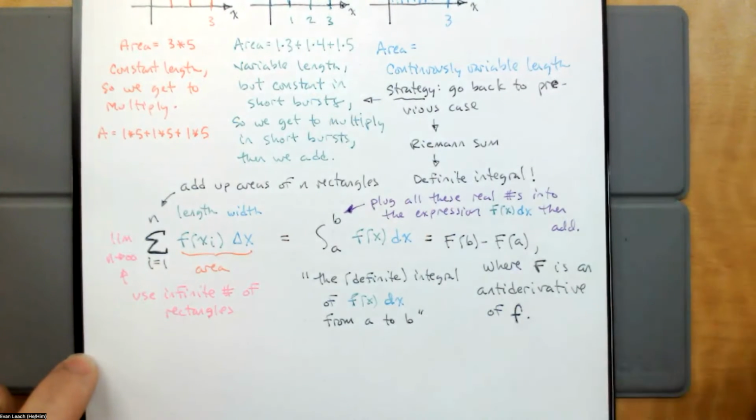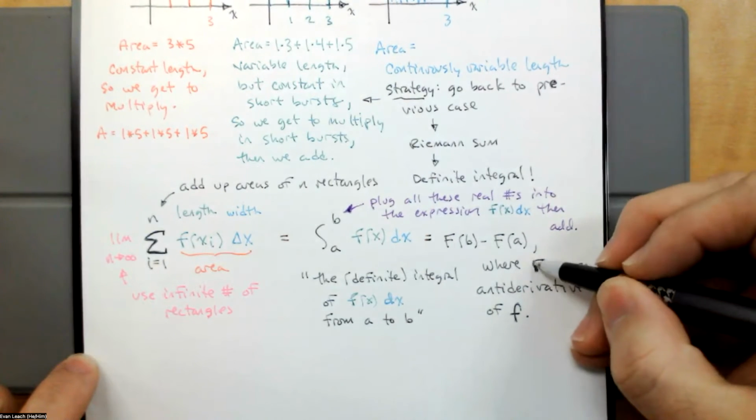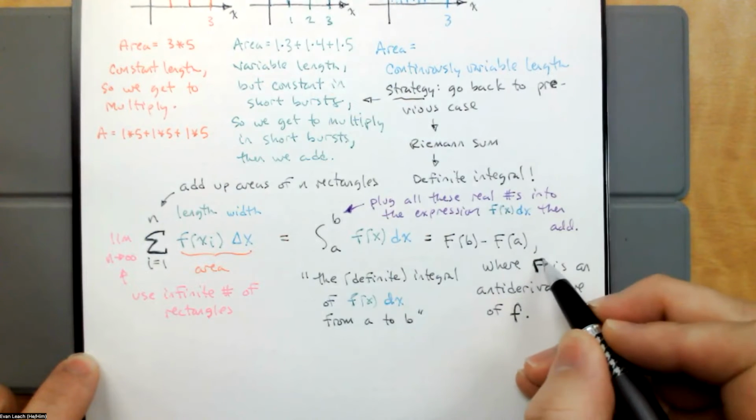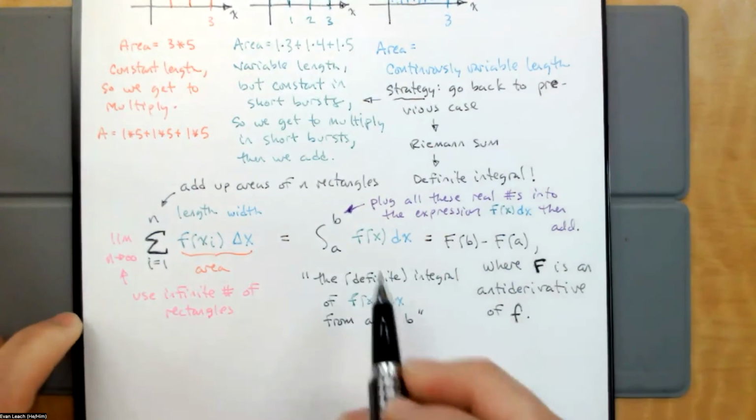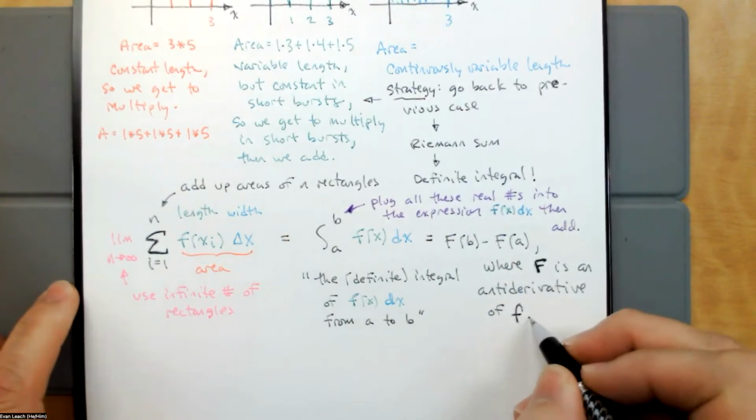So we've introduced this new concept. We want to calculate the definite integral. And the definite integral of little f from a to b is capital F at b minus capital F at a, where F is an antiderivative of little f. This means that little f is the derivative of something.